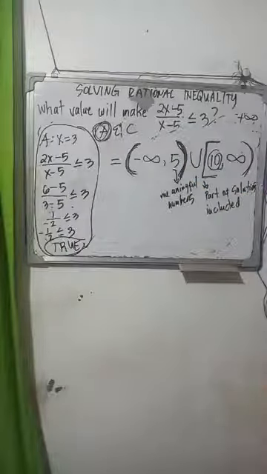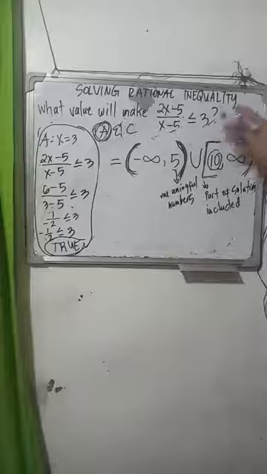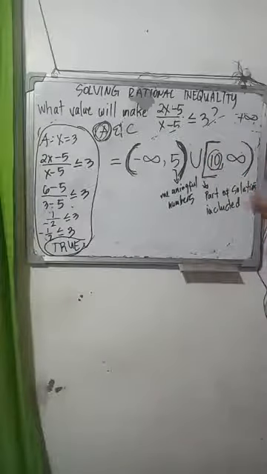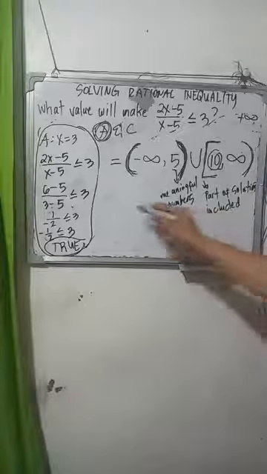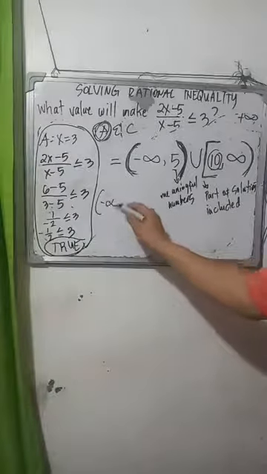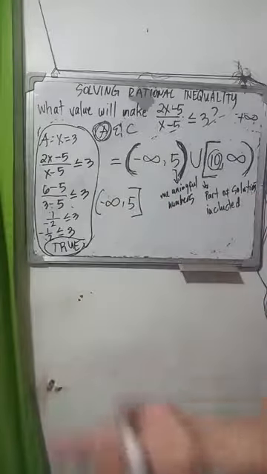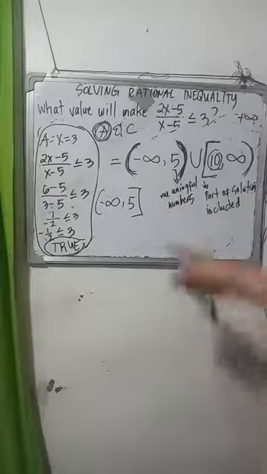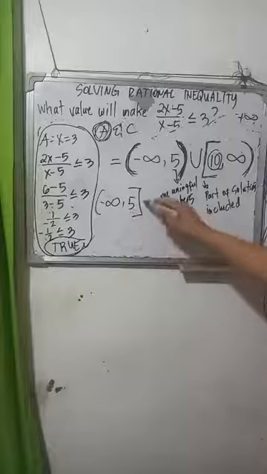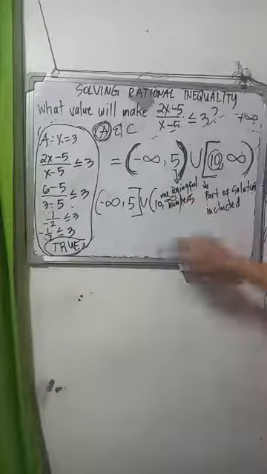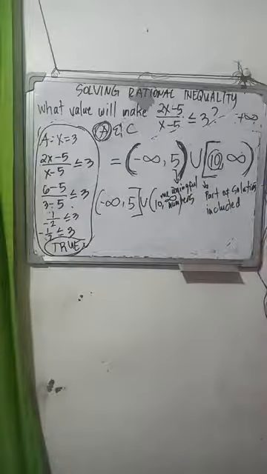How about, kung ang 5 is true, then ang 10 is false. So ang magiging sagot niyan is negative infinite numbers to 5, bracket, kasi pag ang 5 is part of the solution, we will use bracket. Union, positive 10, then positive infinite numbers.